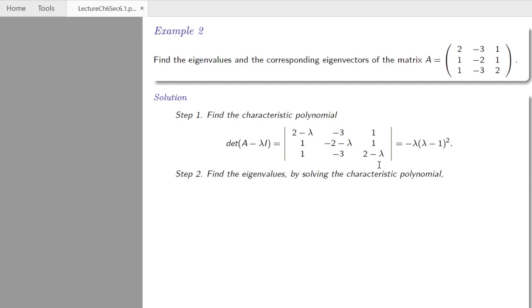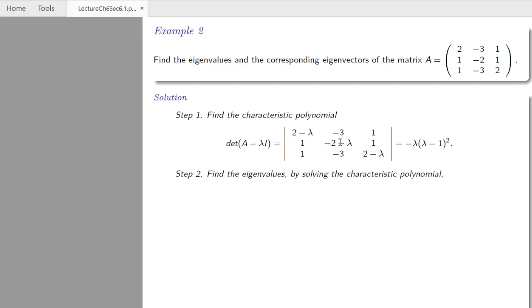Then we need to find the eigenvalues of matrix A. Now to do this, we need the characteristic equation.